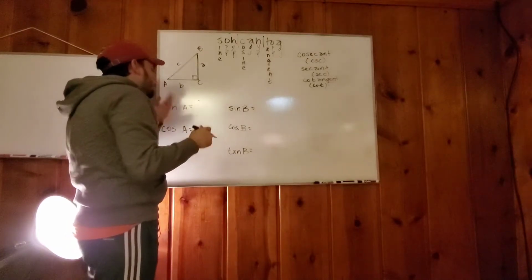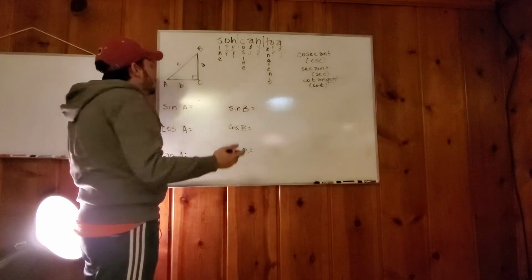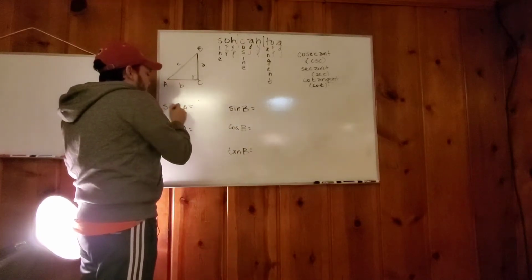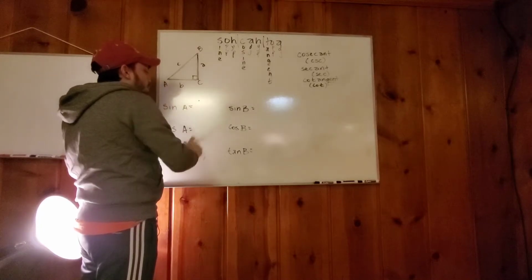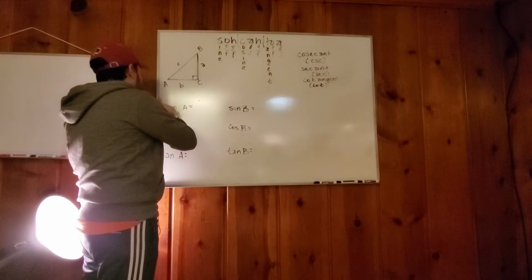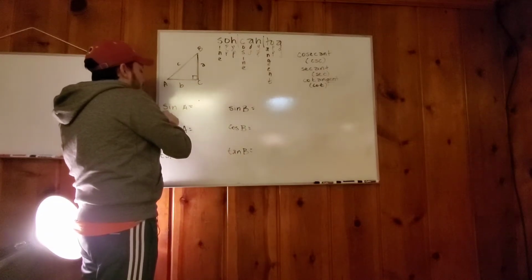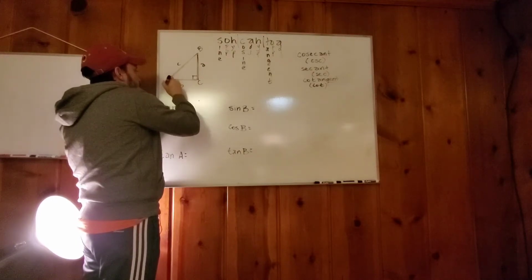So, first of all, obviously you need to have a right triangle. Very important. We should know this. Second of all, when we're going to do these trigonometric functions, we need to understand that they are all going to be based on an angle, okay? So the angle is very important.